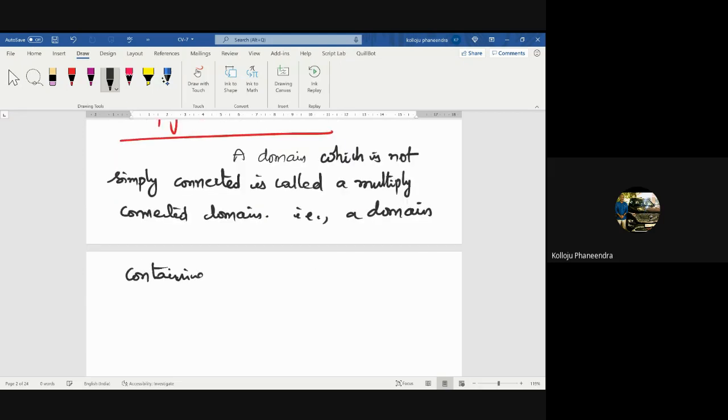A domain containing holes is called a multiply connected region. Any doubts in this topic? Simply connected region, multiply connected region.